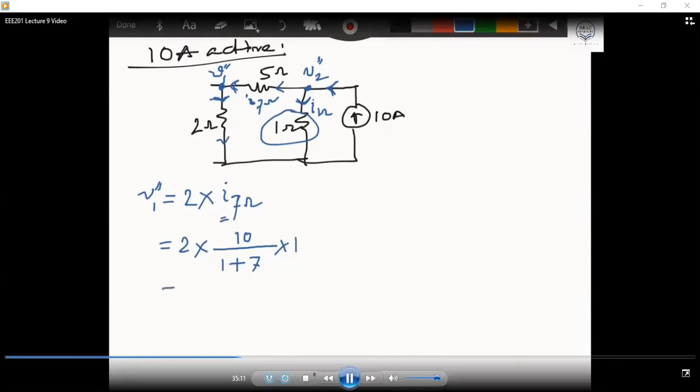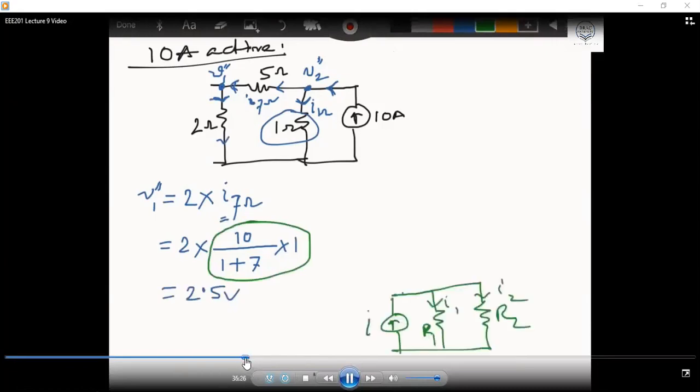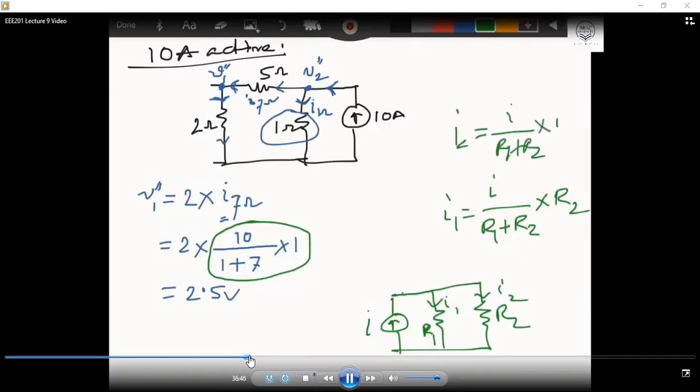Now do the calculation. What I told you: I1 is I divided by R1 plus R2, and the opposite resistance is R2. And if I say I2 equal to what? Remember, I divided by R1 plus R2, that is the current division rule, and the opposite resistance is R1.